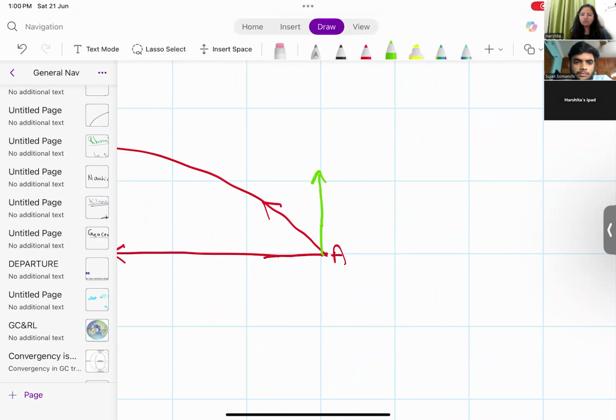From the true north. This is the angle. No, this is not the angle. Why? Because we discussed that whenever you are measuring any direction from the true north, it always has to go in the clockwise direction. So you'll start from here, going like this, and reaching here.